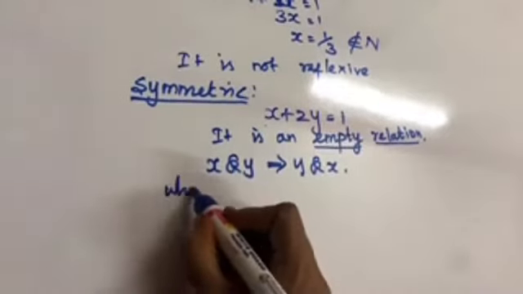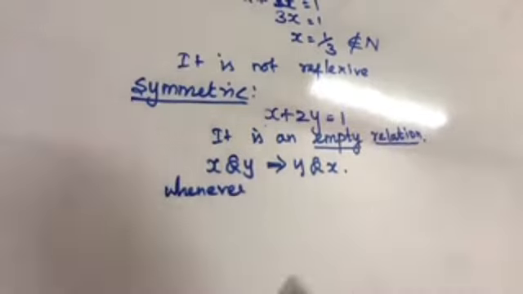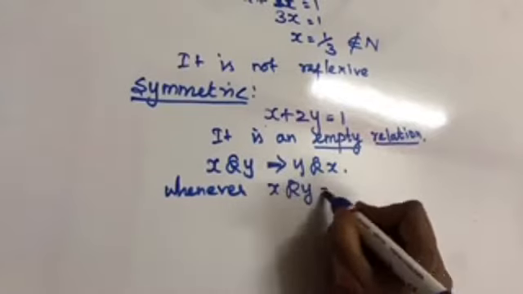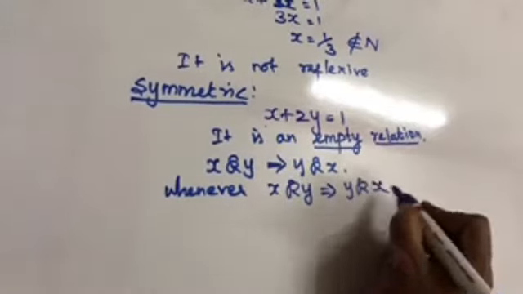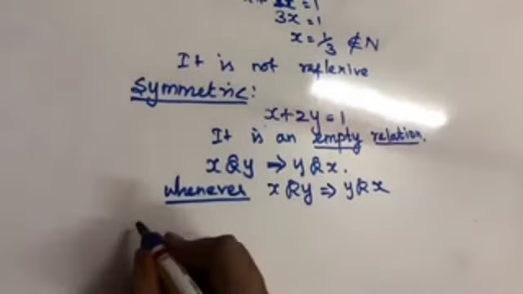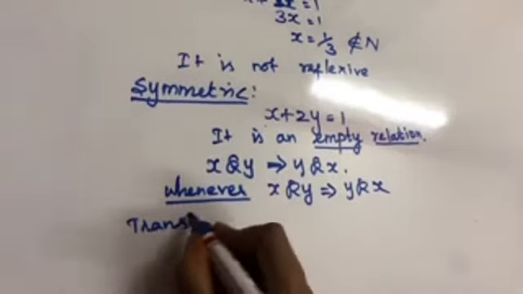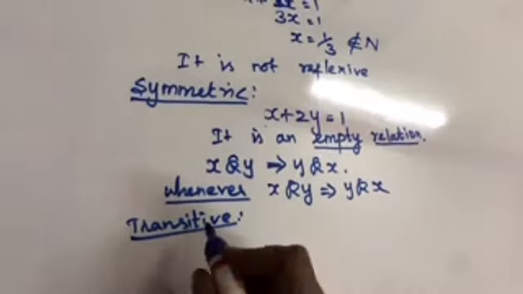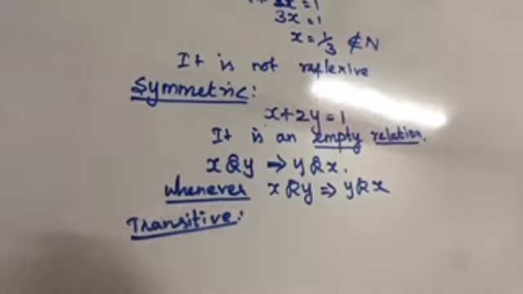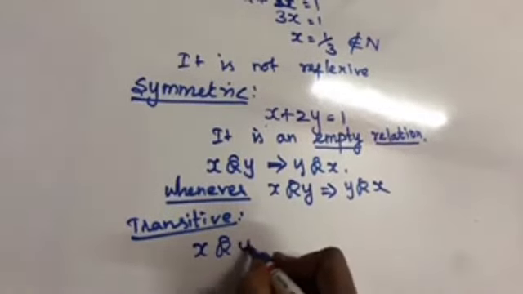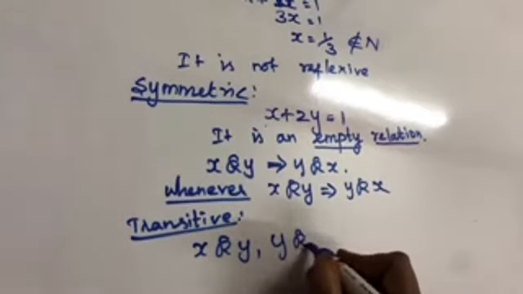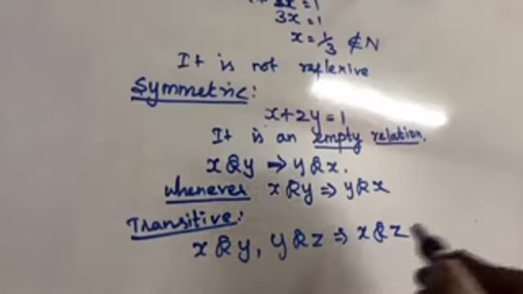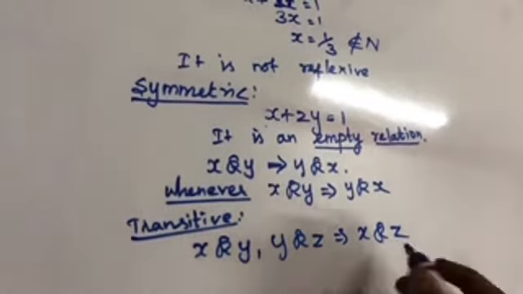So in an empty relation, whenever x is related to y, that implies y is related to x. Similarly, this holds for transitive relation. X is related to y and y is related to z implies x is related to z. This is the condition we have to prove for transitive.